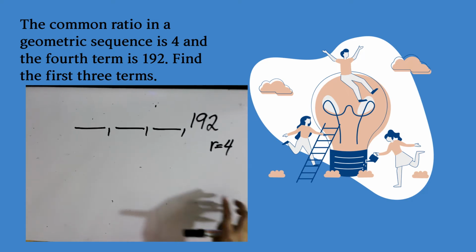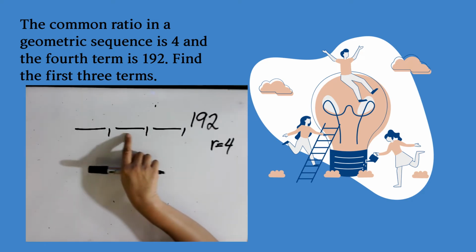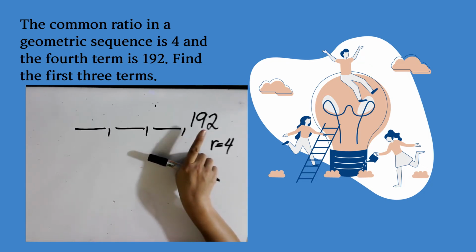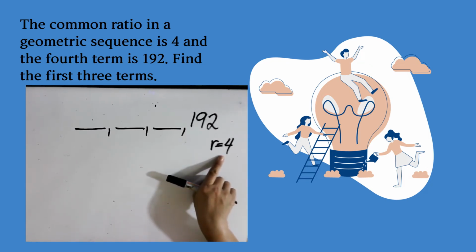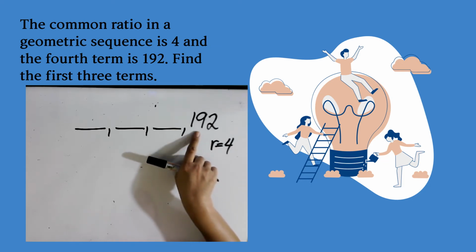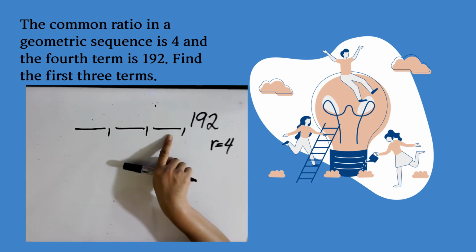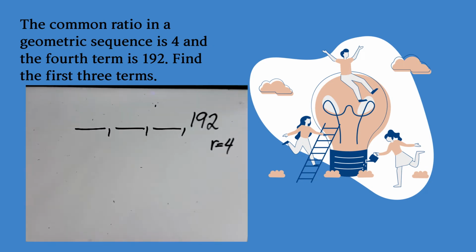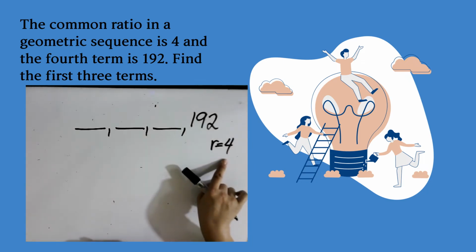Ayan. So, since itong naunang tatlong hinihingi, pwedeng i-divide na lang din natin tong fourth term sa given common ratio. I-divide natin, 192 divided by 4, yun yung third term. No? So, gawin muna natin yun. So, 192 divided by 4 is equal to 48.